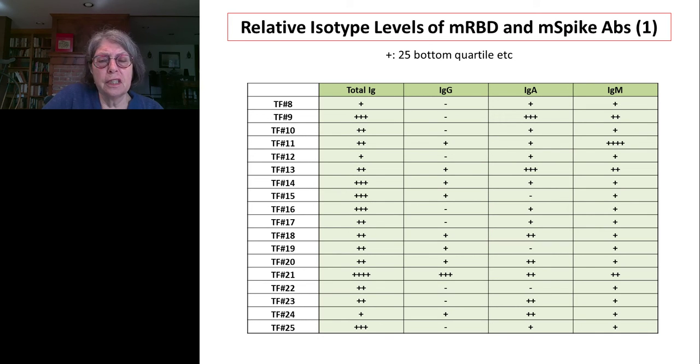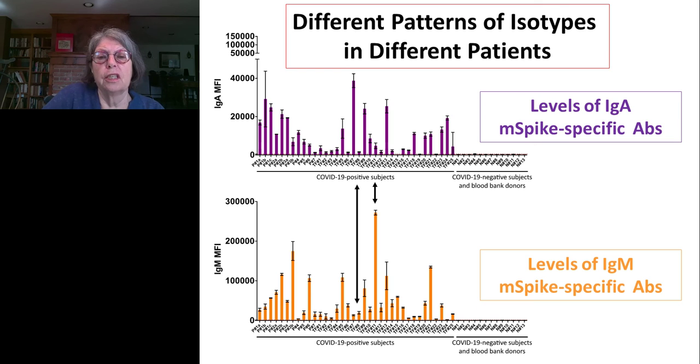Another way of seeing the fact that different patients have different relative levels and different relative patterns of isotypes: you can look at these two graphs, which are the graphs I showed you before for IgA and IgM. And I've drawn these two-headed arrows connecting two of the patients.